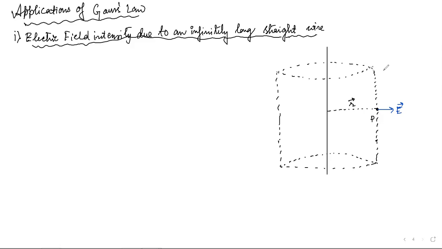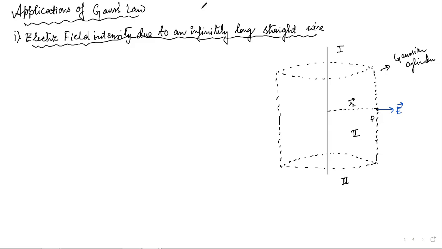This is a Gaussian cylinder. And in this Gaussian cylinder, we have considered 1, 2, and 3 surfaces. First is this top surface, second one is the curved surface, and third one is again the lowermost surface, circular surface.